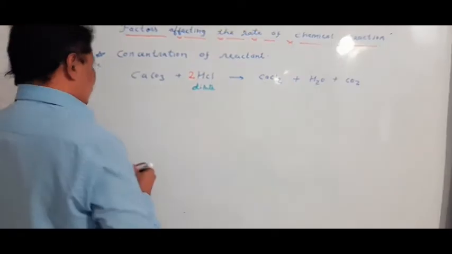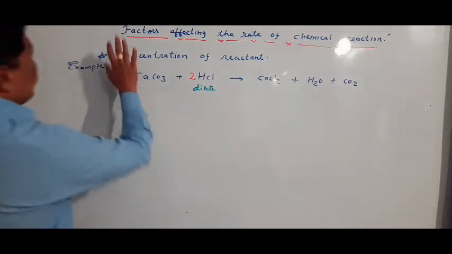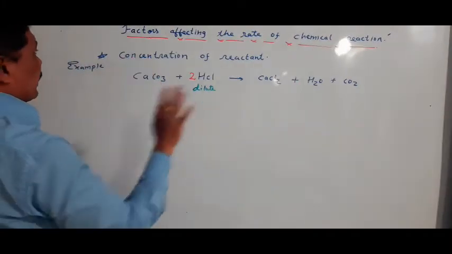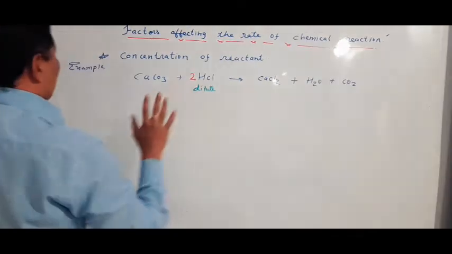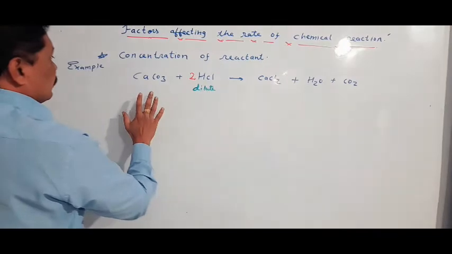Equation is balanced. We are having brainstorming upon factors affecting chemical reaction under this heading, concentration of reactant. So we have taken the reactant which is dilute, that is HCl.